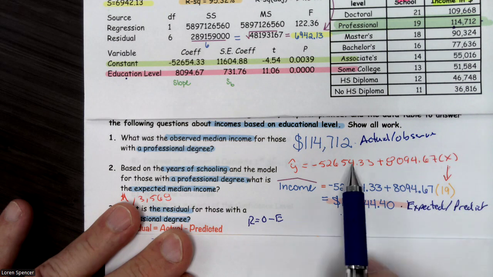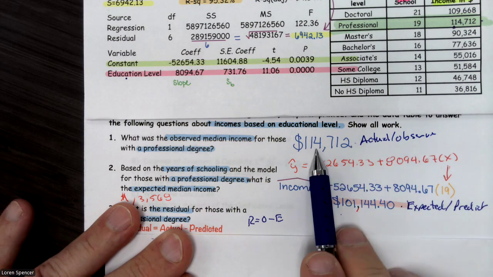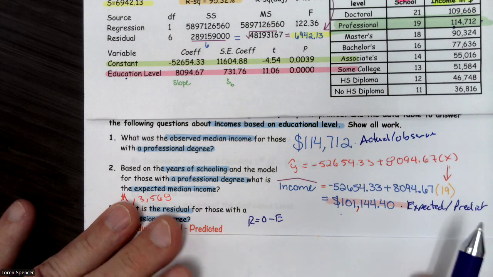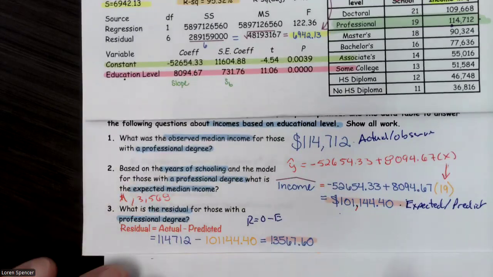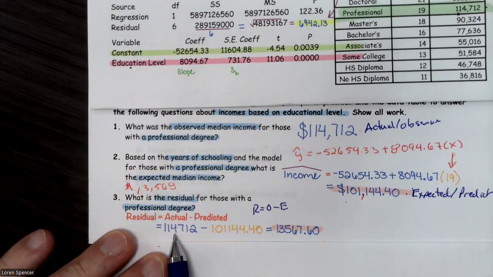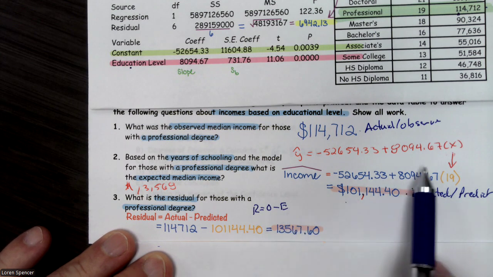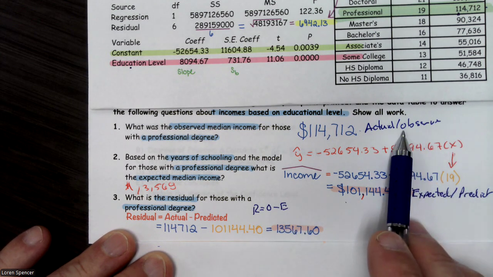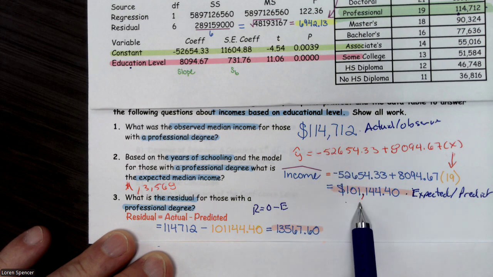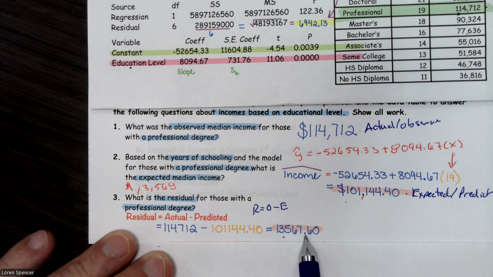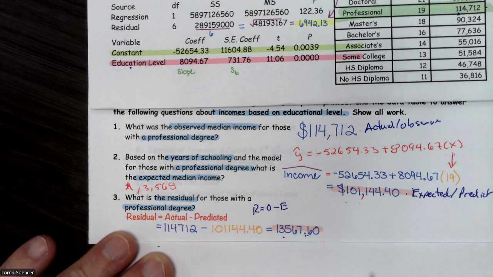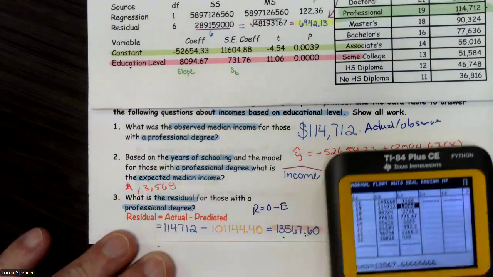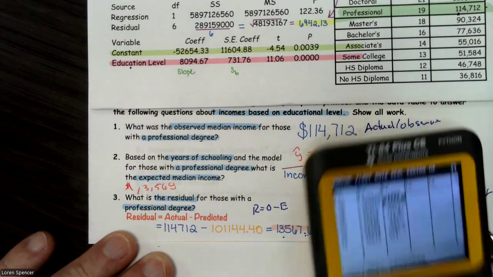So all I need to do is take my observed 114,712 minus that value. So this value minus this one equals $13,567.60, which rounds up to 13,568, exactly what the calculator told me I would get.